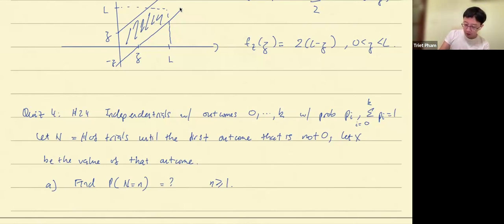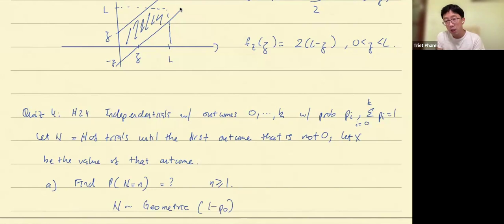Well, because the trials are independent, N is really waiting for a success. But what kind of success? Success is something non-zero, so success has probability 1 minus P0.